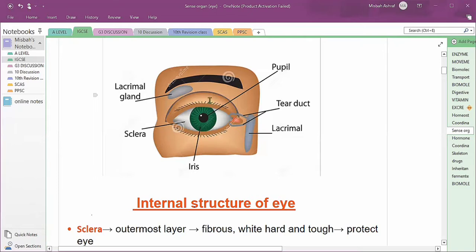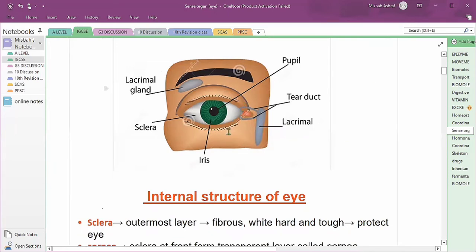This is the upper eyelid, this is the lower eyelid, and this third swollen part is known as the third eyelid. Sometimes this third part, which is on the inner corner of the eye, closer to the nose, is also considered an eyelid.